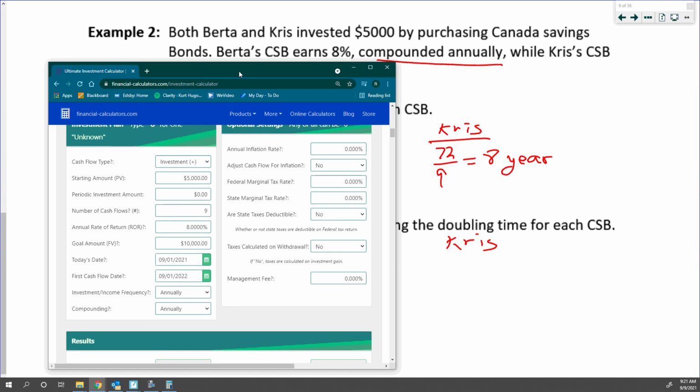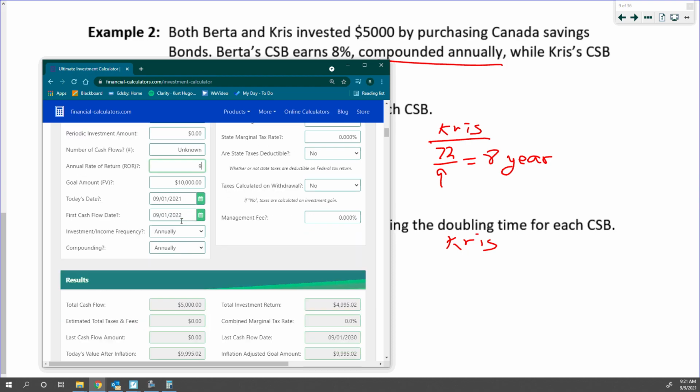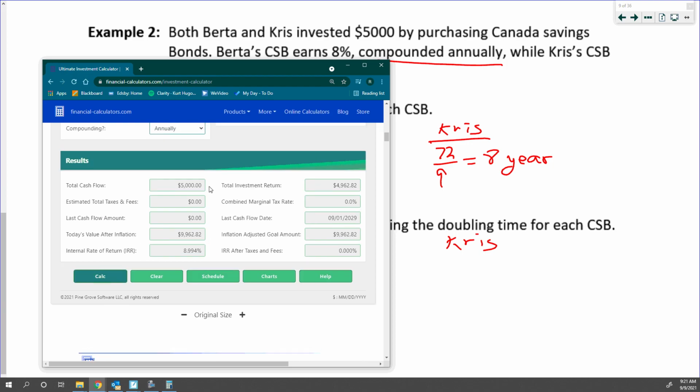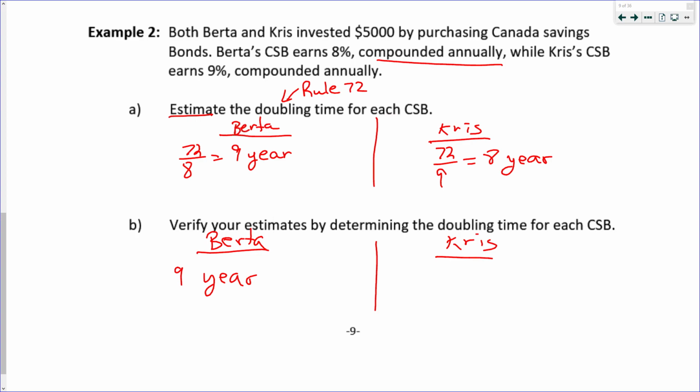Okay, just to finish off, we will do Chris. So everything's going to stay the same for Chris, except this is going to be unknown, and his annual rate is 9% instead. Hit calculate, and his works out to be 8. So his is 8 years, which matches our estimation.